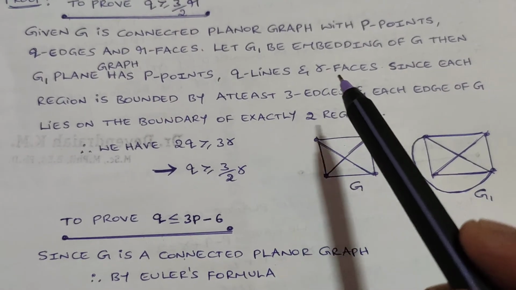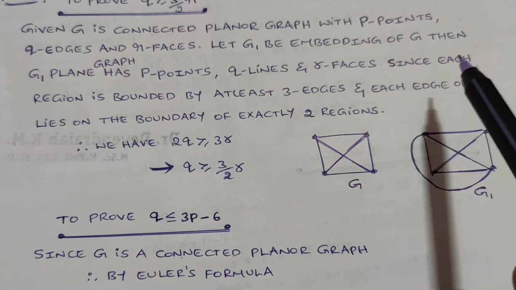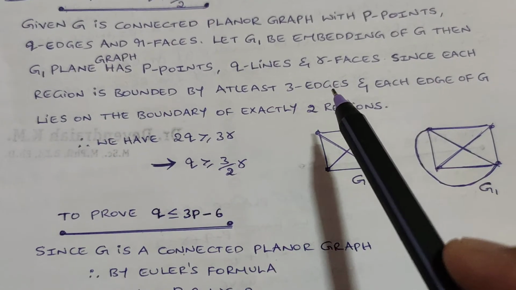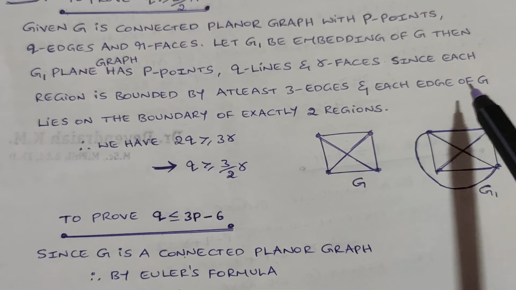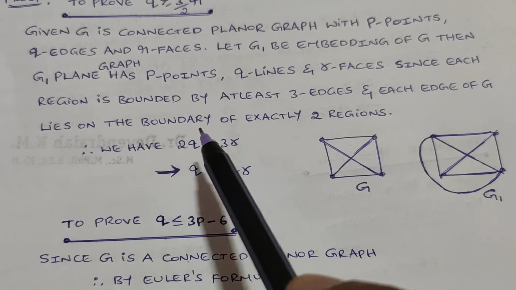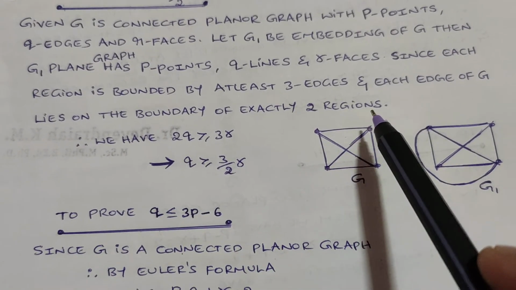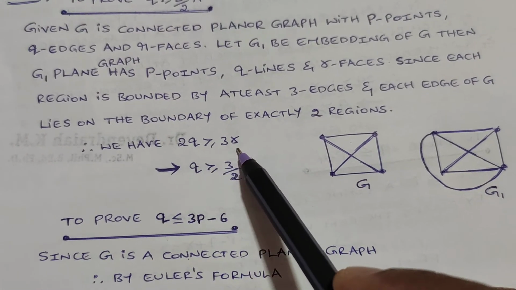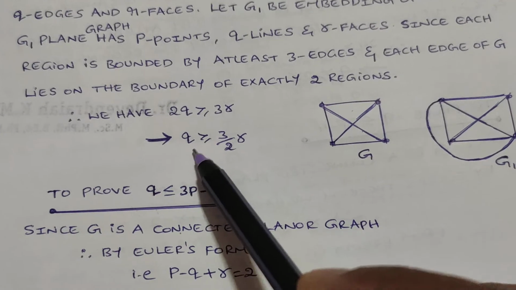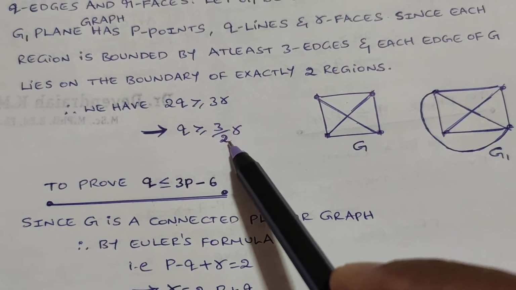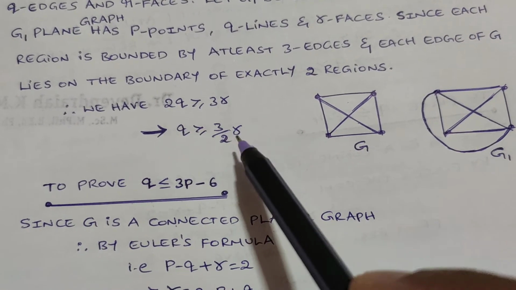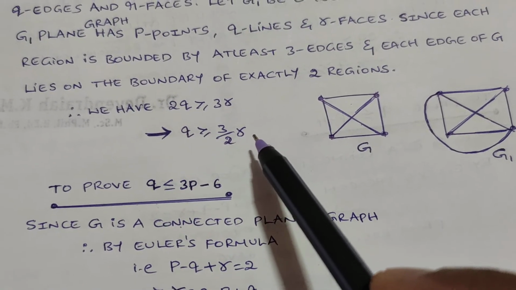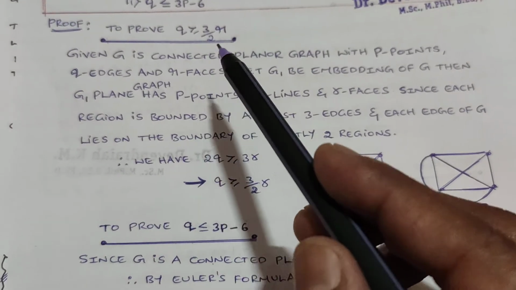This is the point we need to remember. Since each region is bounded by at least 3 edges and each edge of G lies on the boundary of exactly 2 regions, we have 2Q greater than or equal to 3R. Taking 2 to the denominator, Q must be greater than or equal to 3 by 2 times R. This is the method of proving the first one.